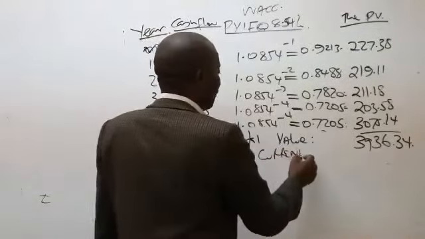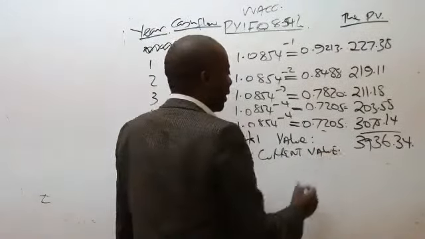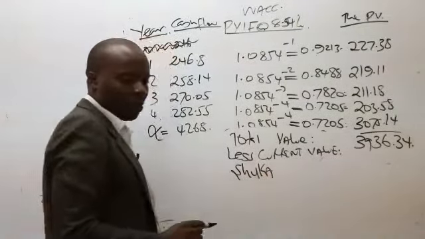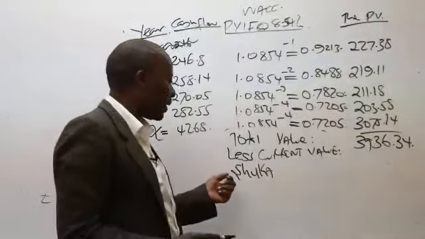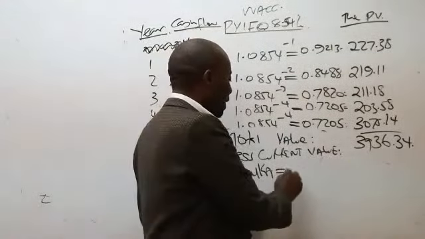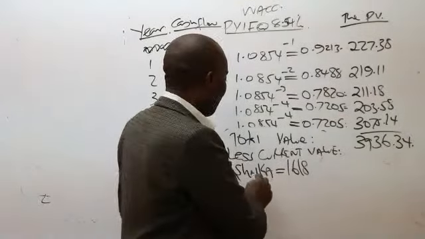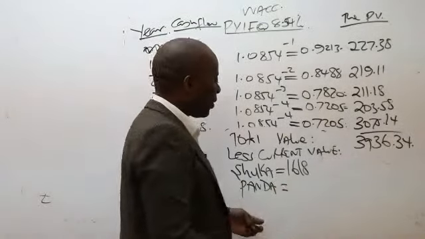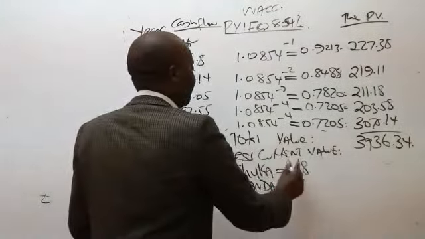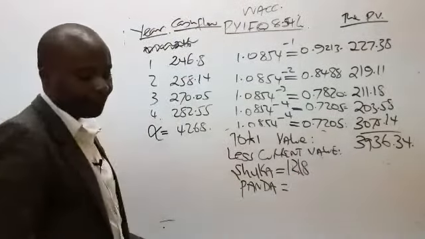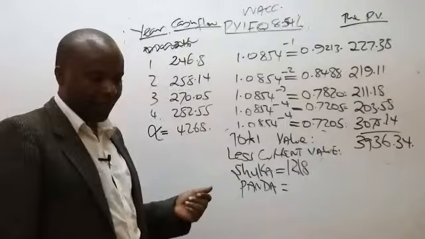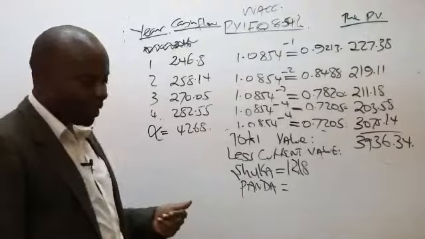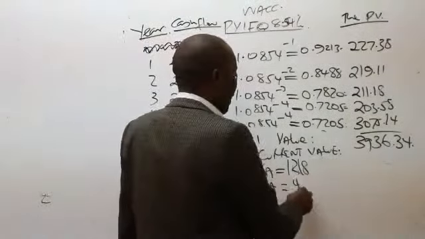When there are individual firms, we have their current values. Shuka, I remember, was 1280, and Panda, the current market value, was 480.